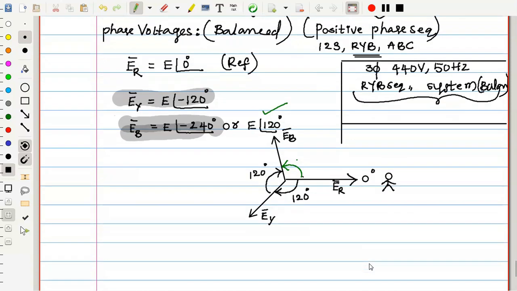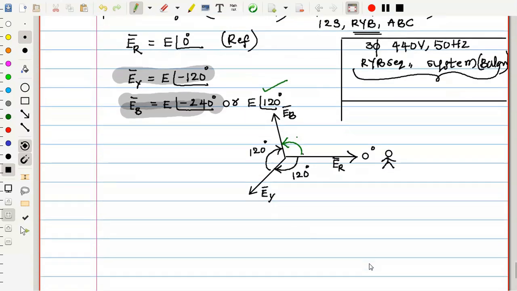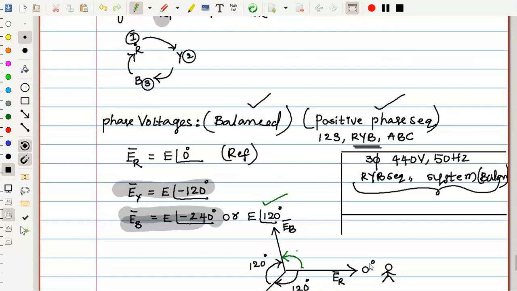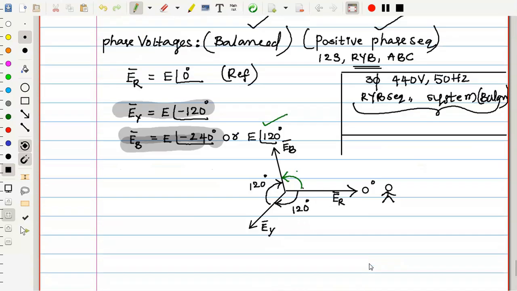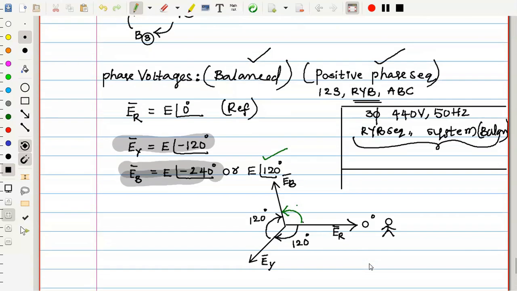Now with this assumption that the phase voltages are balanced positive sequence, I want to derive the line voltages.